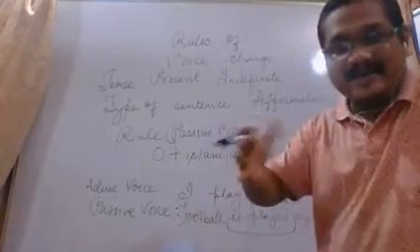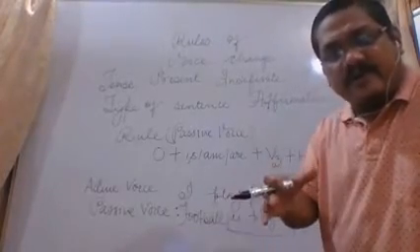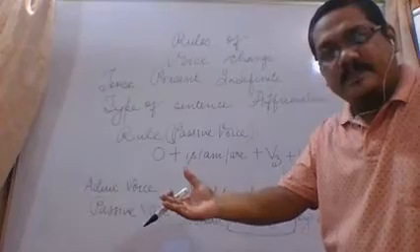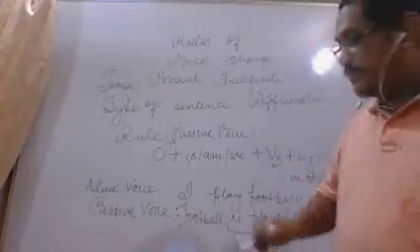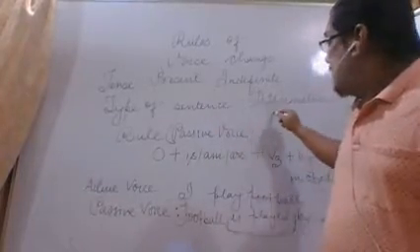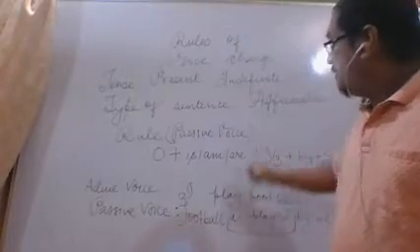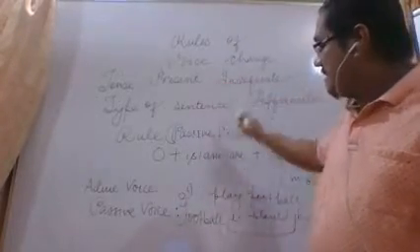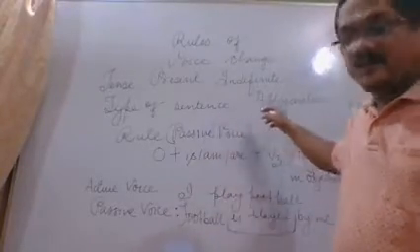So in this way, you can change the voice either from active to passive or from passive to active. Again, I'm telling you, you must give importance to the type of sentence and the tense. Here the tense is present indefinite, I play football, and the type of sentence is affirmative.